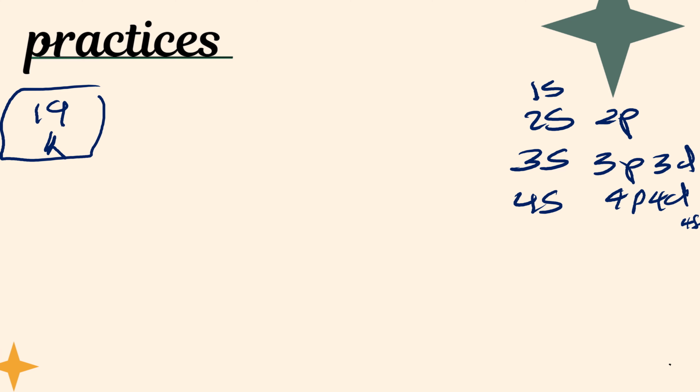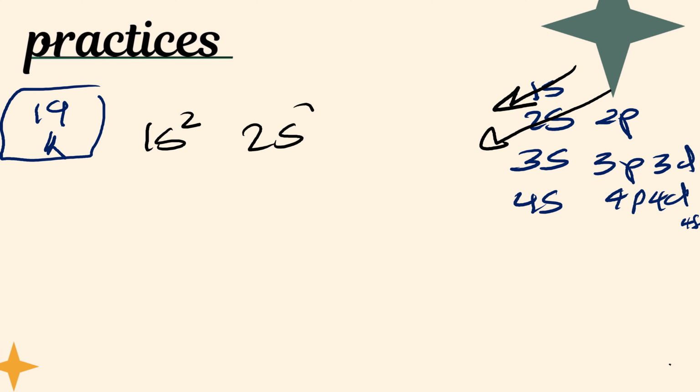That's enough. Going diagonal, it will be 1s2, then 2s2, 2p6. So until now we have 10 electrons, and we are left with 9.